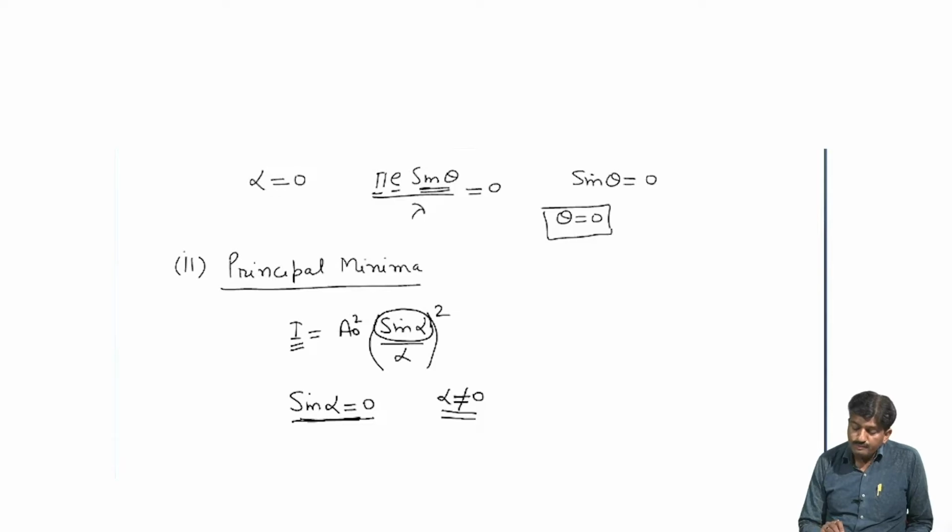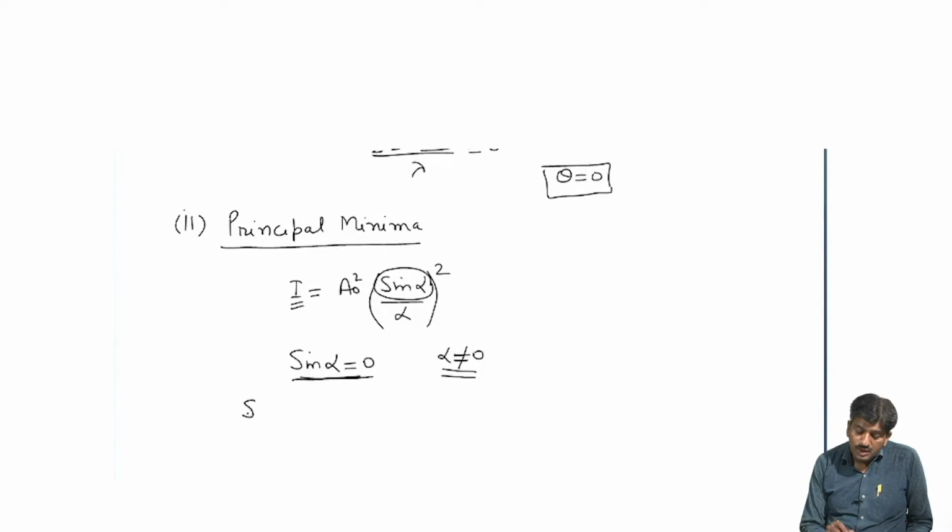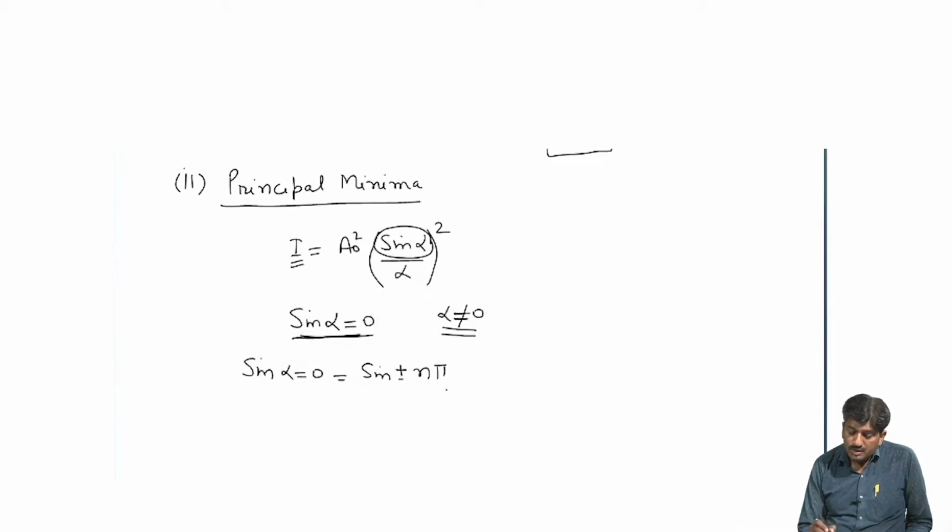And if sin alpha equal to 0, we can write sin alpha equal to sin plus minus n pi. In this condition alpha becomes equal to plus minus n pi, where n may be 1, 2, 3.